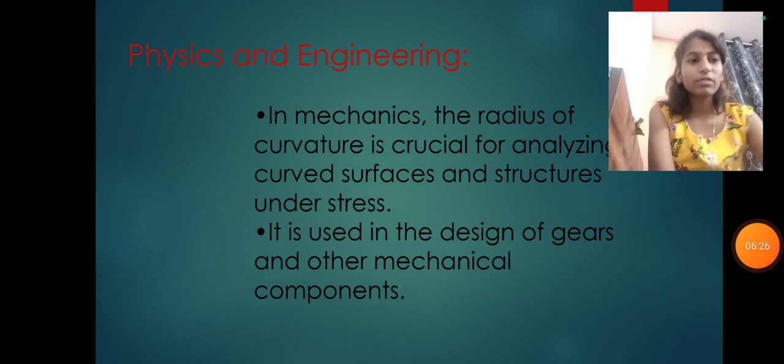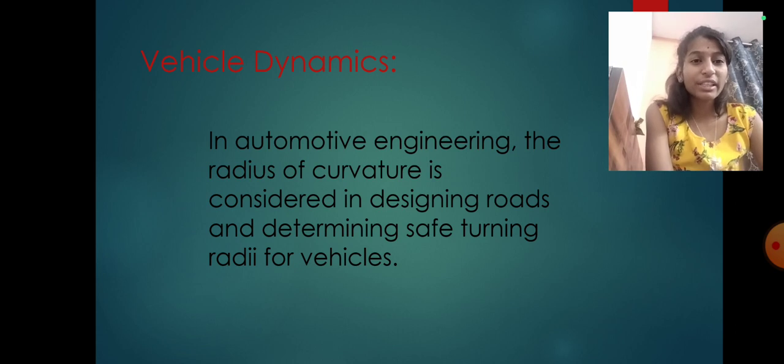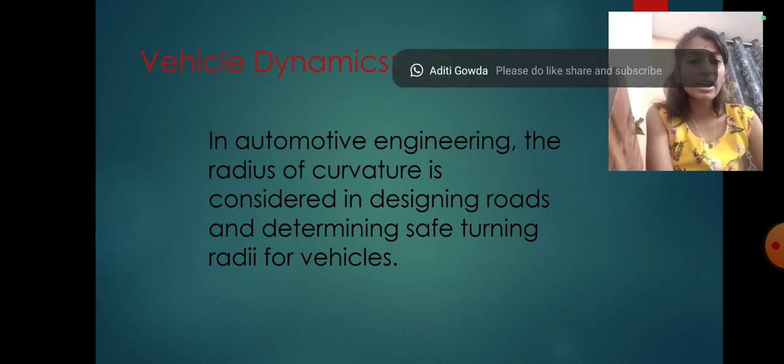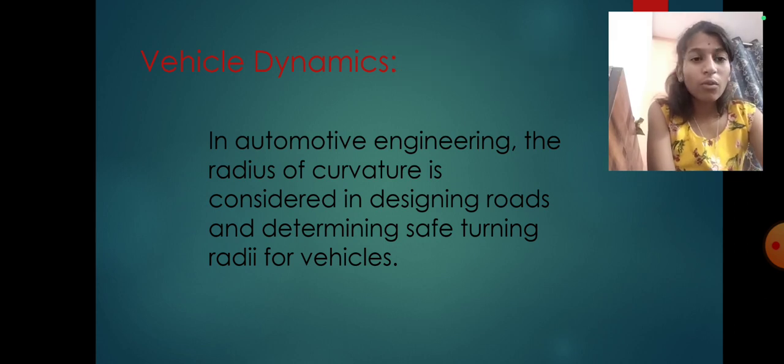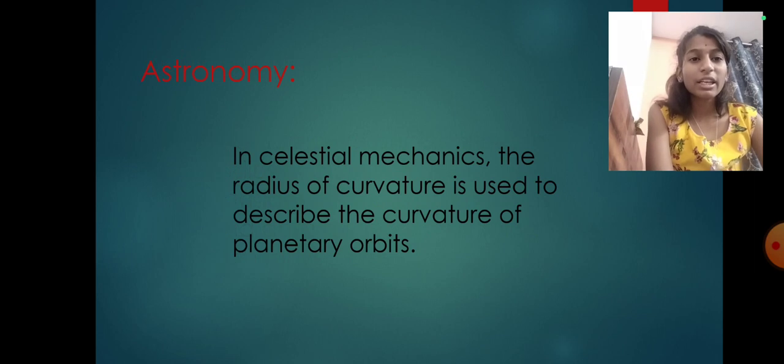And the next one is vehicle dynamics. In automotive engineering, the radius of curvature is considered in designing roads and determining safe turning radii for vehicles.